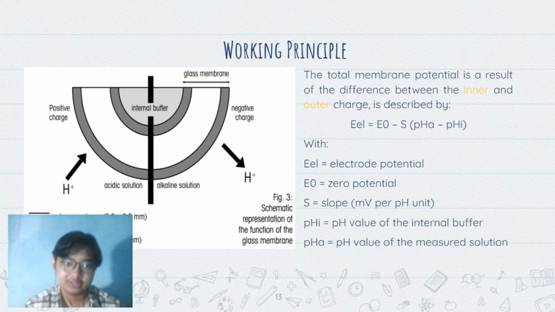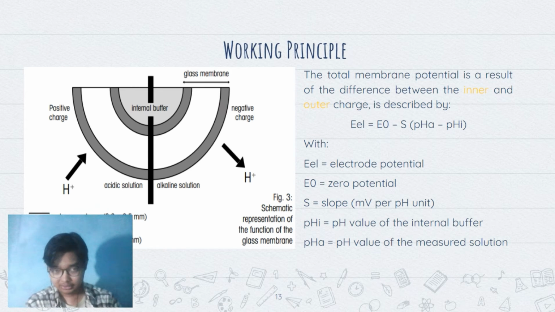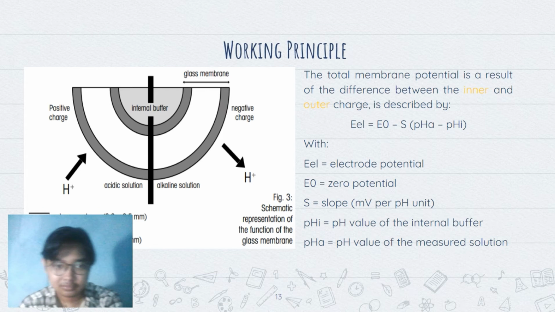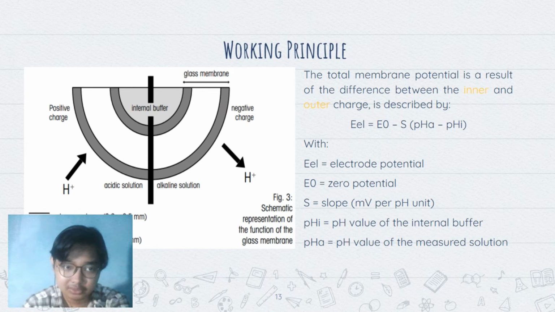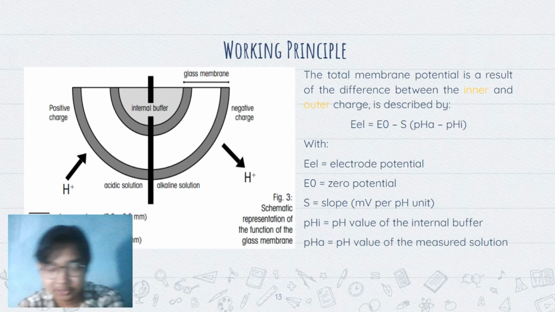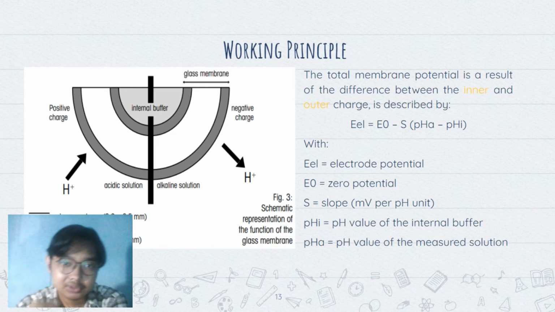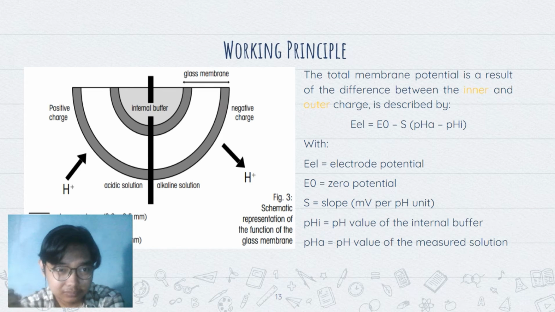When the solution is acidic, the hydrogen ions diffuse into the glass membrane and produce a positive charge.